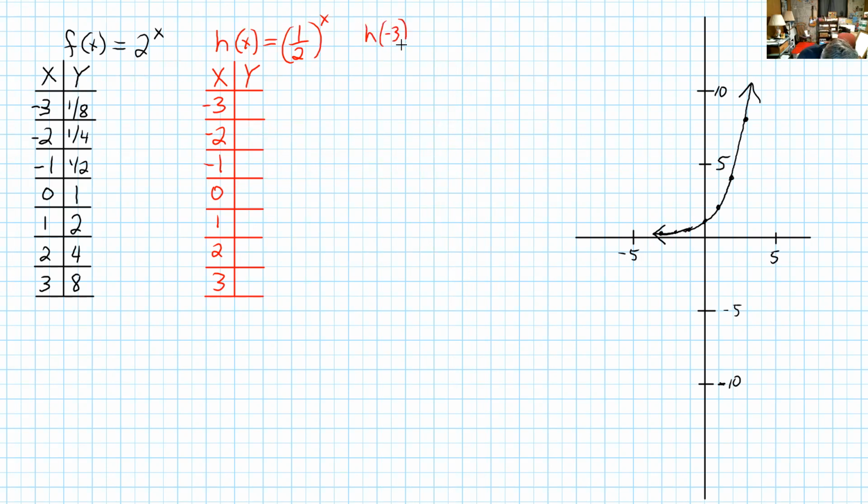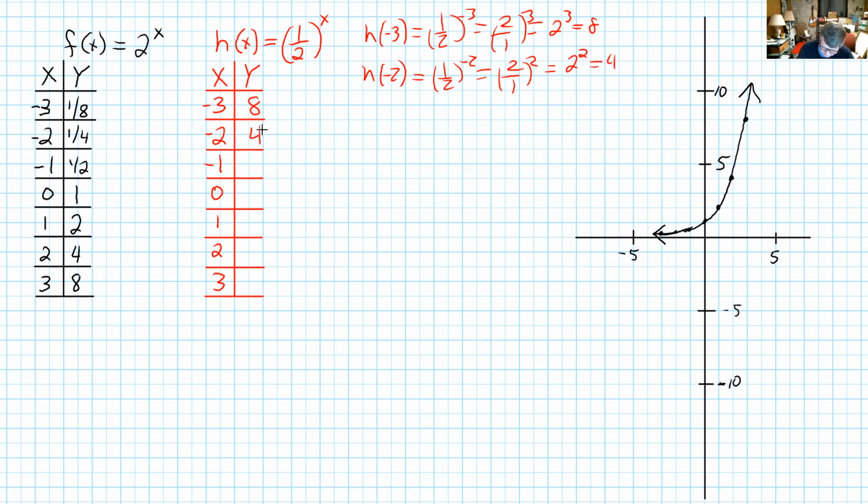h of -3 is 1/2 to the -3 power, which is 2 over 1 to the +3 power, which is 2 to the 3rd power, which is 8. When x is -2, h of -2 is 1/2 to the -2 power, which is 2 over 1 to the +2 power. 2 squared is 4.